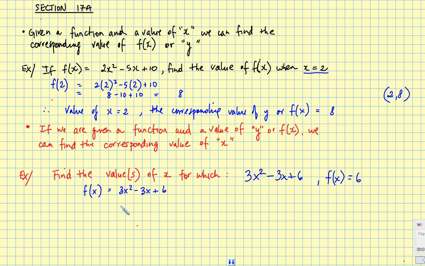Because f of x equals 6, then I can replace that f of x with 6 and make it equal to 3x squared minus 3x plus 6. And now we bring everything over to one side of the equation so that 0 is equal to 3x squared minus 3x plus 6 minus 6.